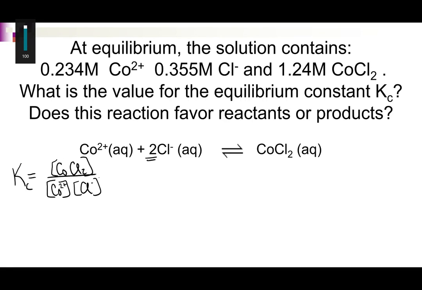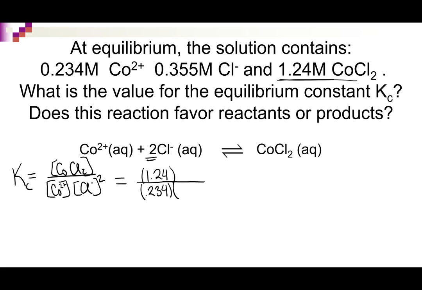Don't forget to square that chlorine. Okay, so it gives us the values. So now we just need to plug and chug to get to K. Our products, the concentration at equilibrium, is 1.24. Reactants, our cobalt is 0.234. Our chlorine is 0.355. Don't forget to square that.